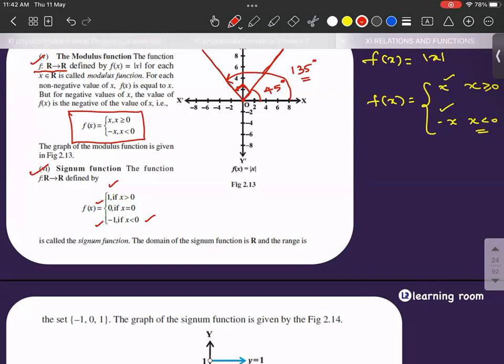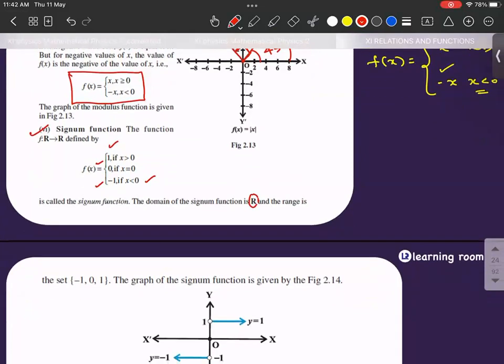The domain of a signum function is the real numbers, but the range is only 3 values. What are the 3 values? You will either get the output as -1, or 0, or 1.